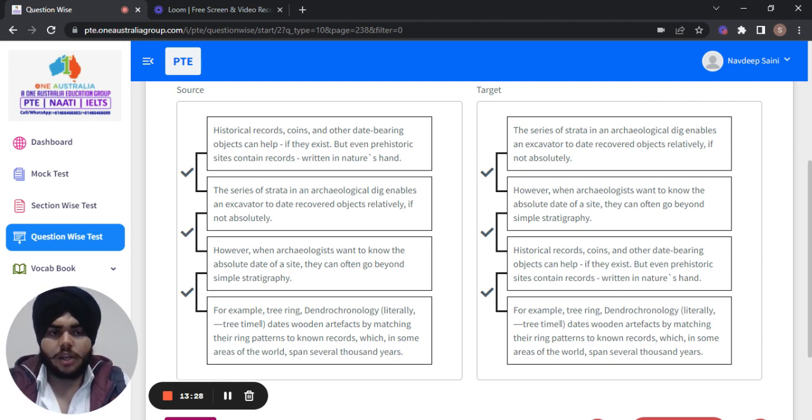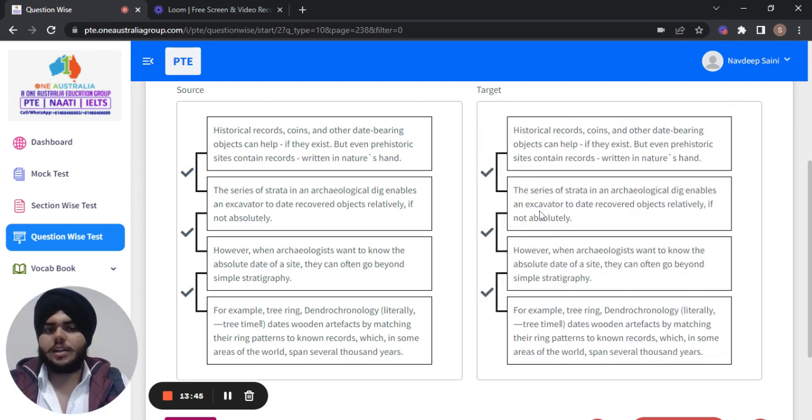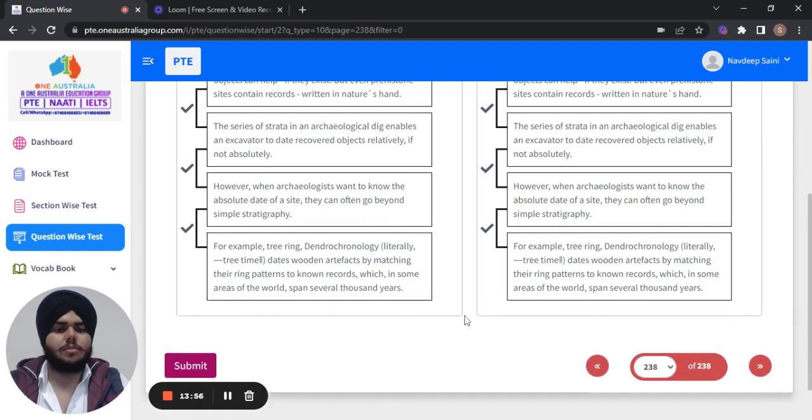However, when archaeologists want to know the absolute date of a site, they can often go beyond simple stratigraphy. Historical records, coins, and other date bearing objects can help if they exist, but even prehistoric sites contain records written in nature's hand. See, so this line talks about the records. This line talks about how they can recover objects, if not absolutely. This line talks about what they have to do if they want to recover it absolutely. For example, they give an example, right?